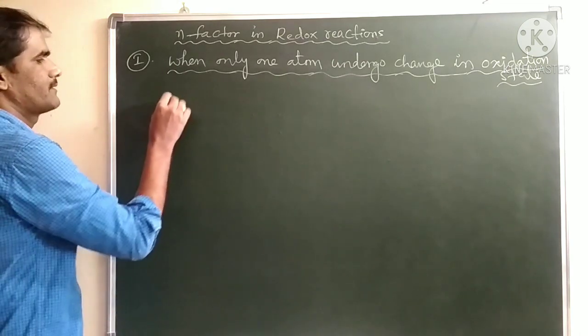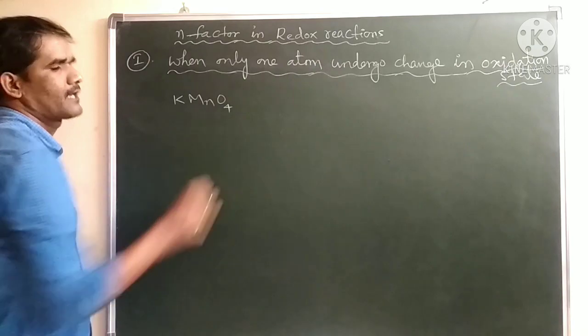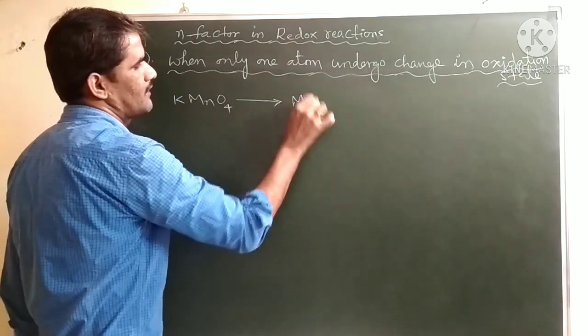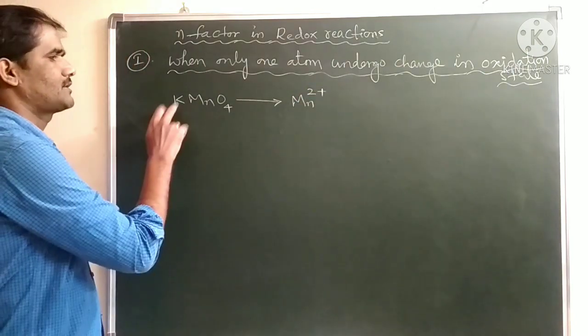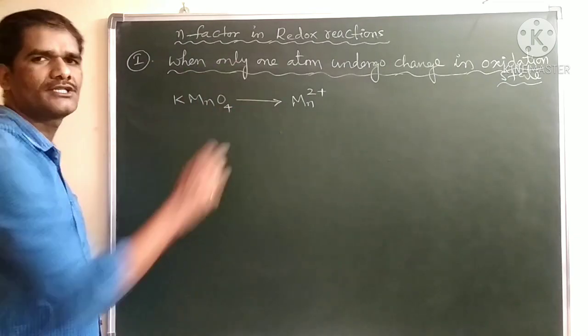Let us take examples. KMnO4 is giving Mn2+. Here potassium and oxygen are constant. Only manganese is changing its oxidation state.